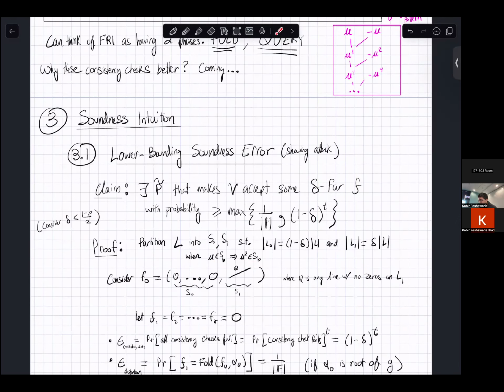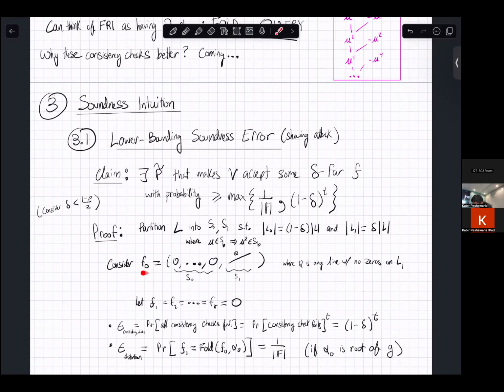Now, we can consider f0 to be our delta-far word that we're going to cheat with. And we define it like this. We put zeros everywhere in S0, and we put some line Q on S1.